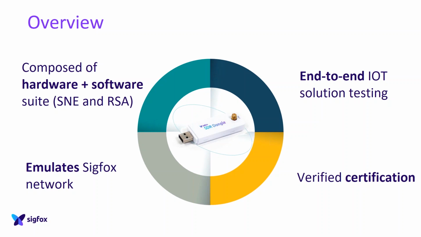And we've got a software suite as well. So we've got the Sigfox Network Emulator and the radio signal analyzer that we're going to go through in detail afterwards. But basically, the SDR dongle is used to emulate the Sigfox network. So it is not directly connected to the Sigfox backend.